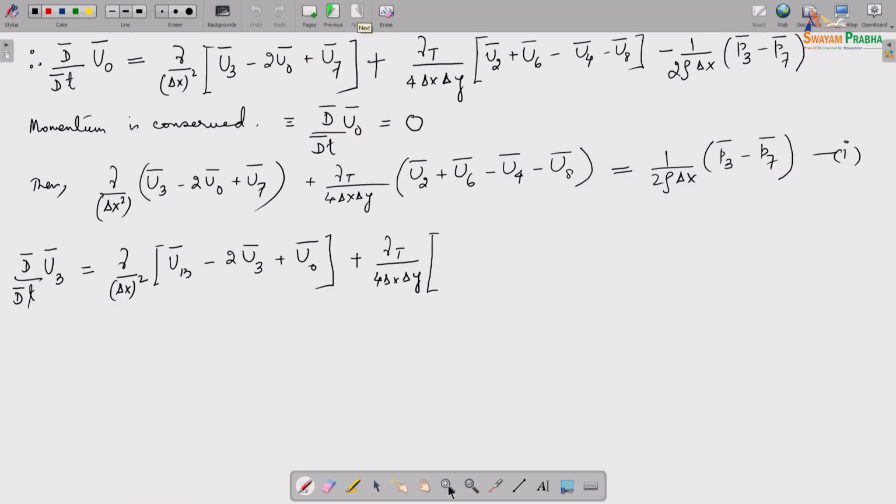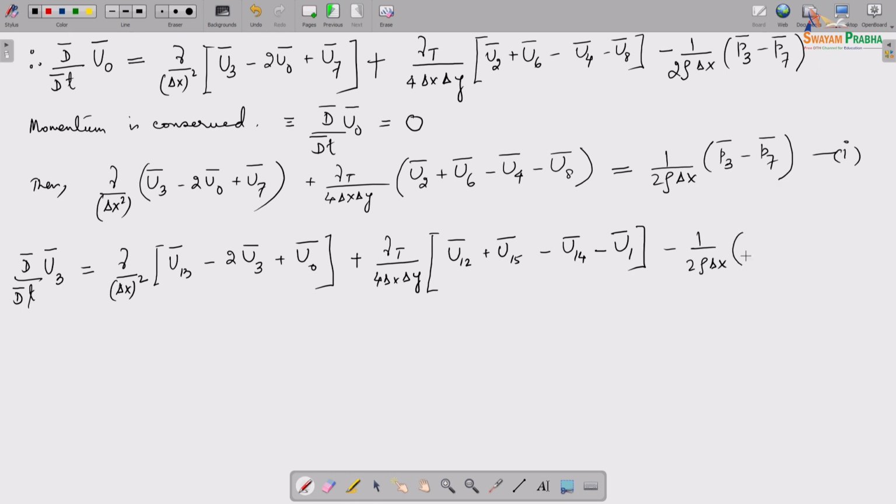So how am I looking at that? I'm just looking at these values, essentially the diagonal values of this. So then what I get is u12 plus u15 minus u14 minus u1, and the pressure term.